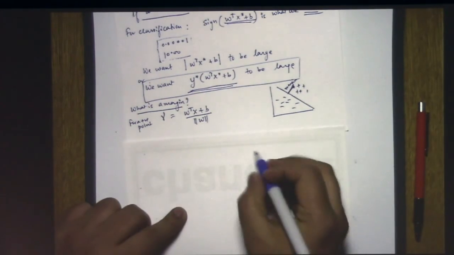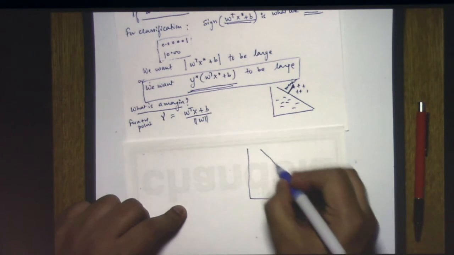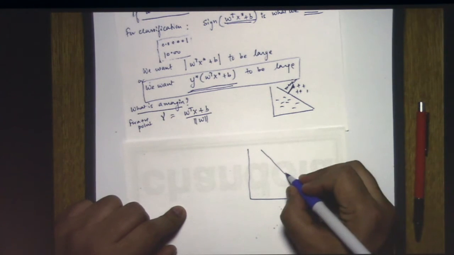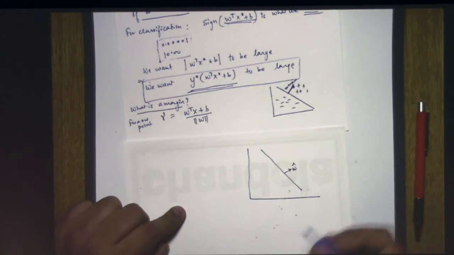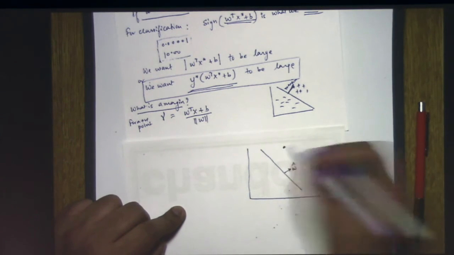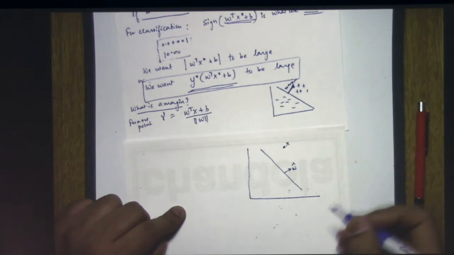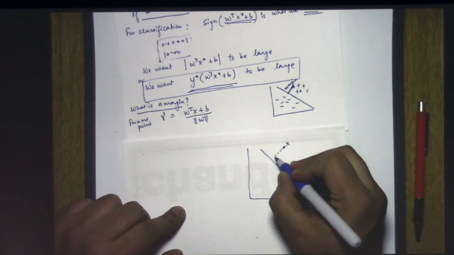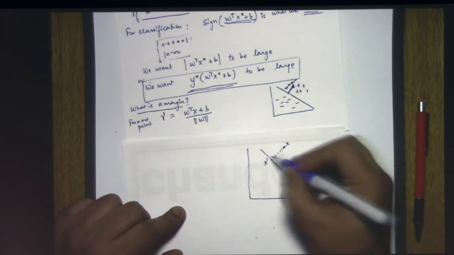So let's say this is our line, and this is that unit vector W. And let's consider any point here on the positive side of the line, which is this. Let's call it X. So consider this projection of X on the line, X prime.